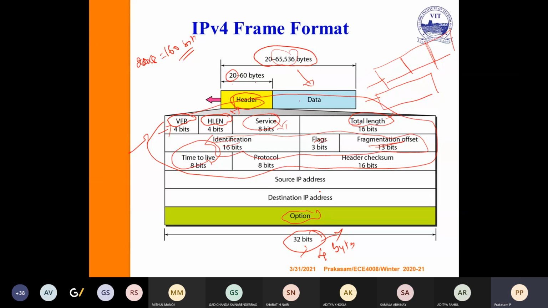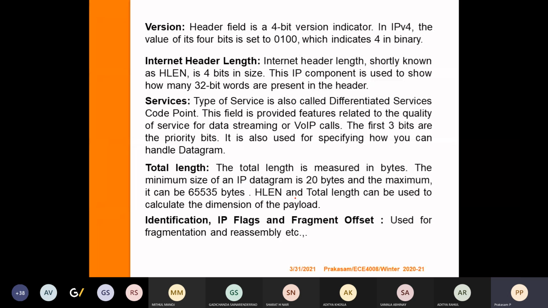So this option: if the source IP address, destination IP address and other fields exceed the 20 bytes, additionally we are adding options to increase the header size up to 60 bytes. So this is about the IPv4 header format. The first 4 bits are used to represent the version.